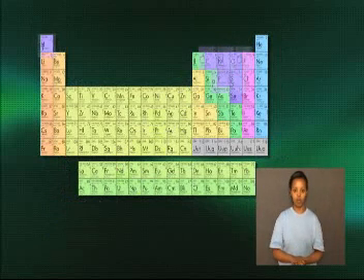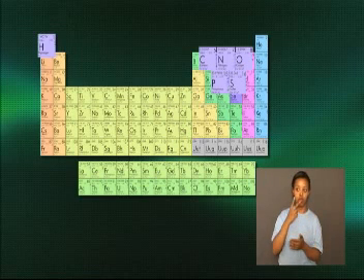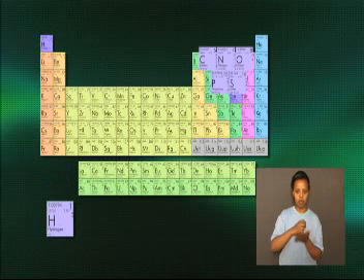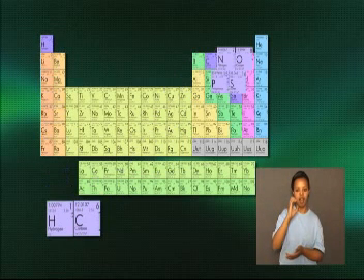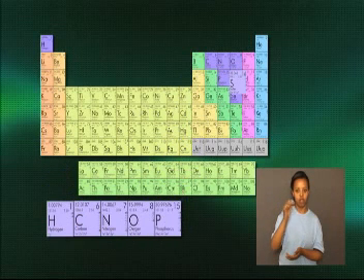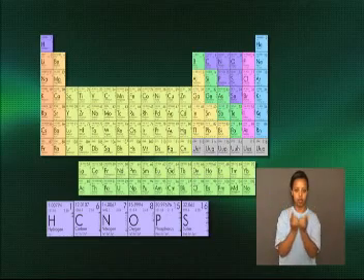The elements highlighted in the table are the ones that are most commonly used to build biological molecules. The elements are hydrogen, carbon, nitrogen, oxygen, phosphorus, and sulphur. As you will notice, they are grouped relatively close together.